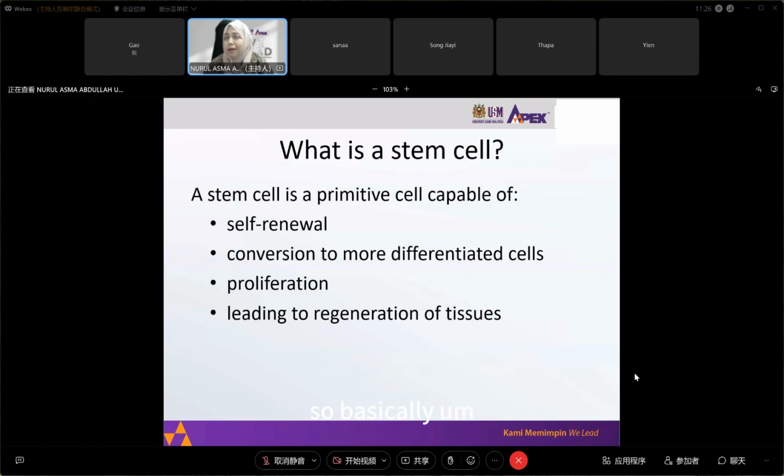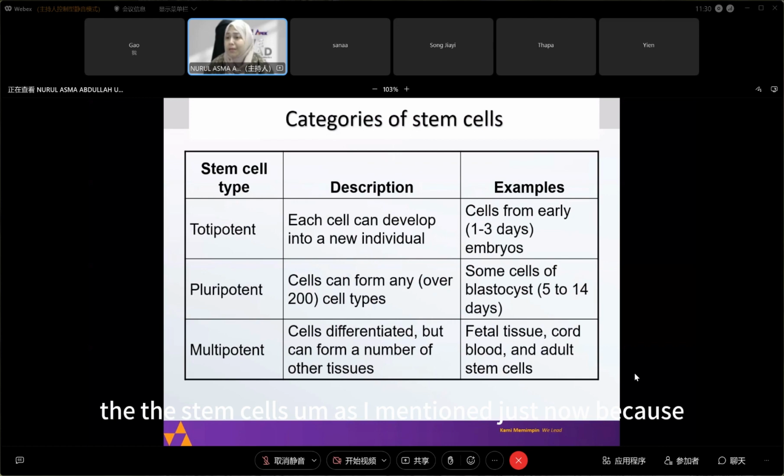So basically, the stem cells, as I mentioned just now, are the native of the cells, with the capacity to differentiate into various types of cells, depending on the category of the stem cells.